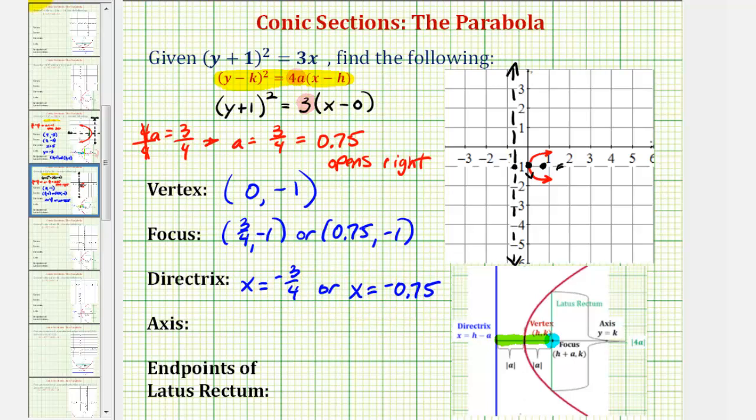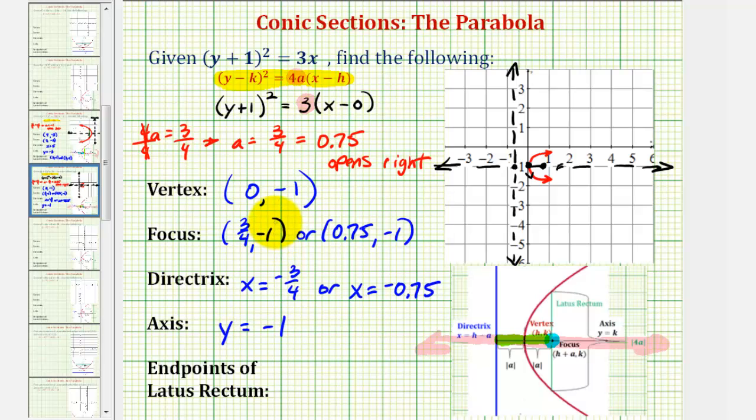And then for the axis of symmetry, because our parabola opens left or right, we'll have a horizontal axis passing through the vertex and the focus, which would be this horizontal line here. And therefore the equation of this horizontal line would be y equals -1. Notice how this is also the same as the y-coordinate of the vertex and focus.